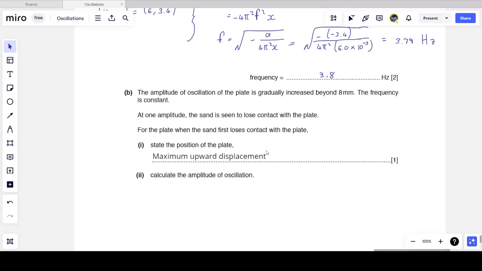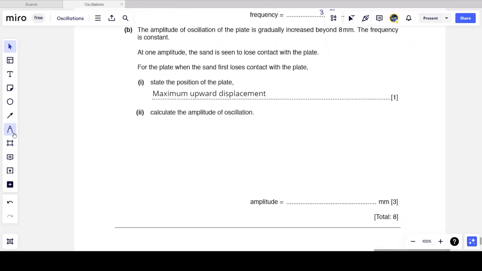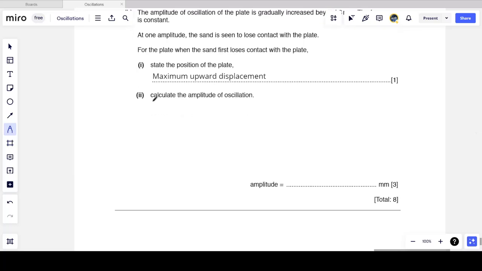And for the time when the sand first loses contact with the plate, we are asked to calculate the amplitude of this oscillation. So how do we know when the sand loses contact with the plate? Remember, the sand is going to leave the plate when the downward acceleration, the maximum acceleration, which happens at the highest point, is equal to g.